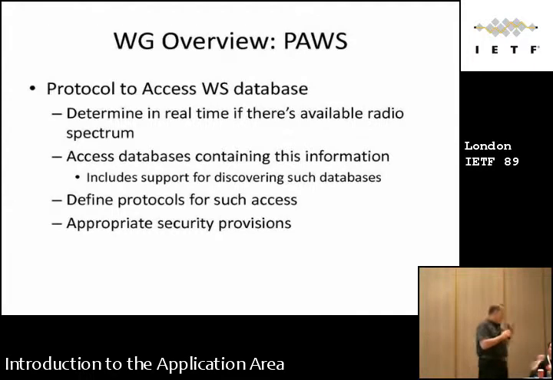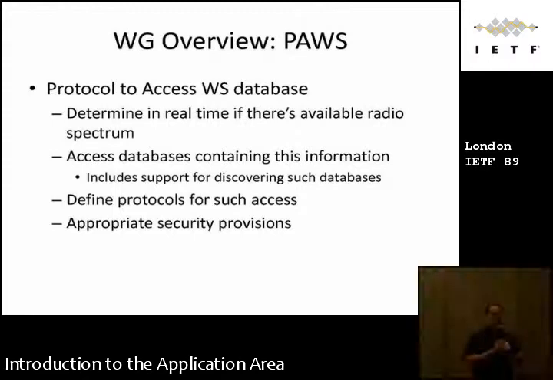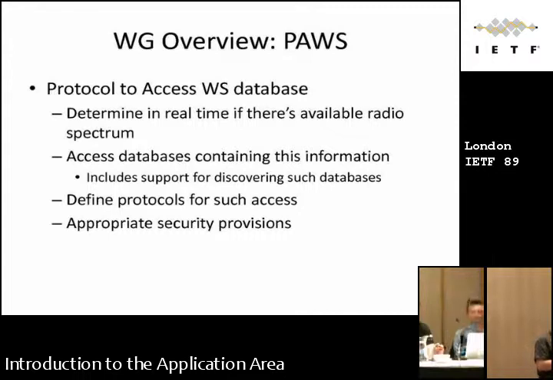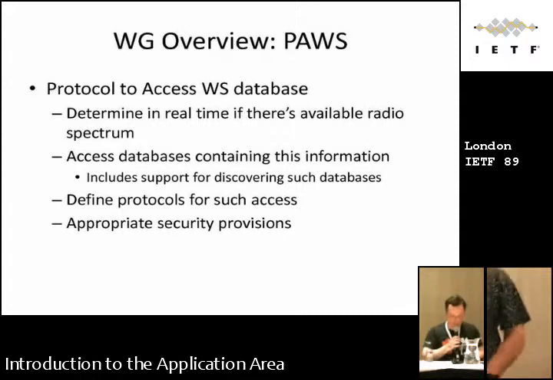And so there's discovery of the database, the authority that can allocate you bits of the spectrum, and they need to discover the database and access the database, and that's what this working group is doing. So it's like DHCP for radio? Sort of. I think, if I understand correctly, certain frequencies can be in use at certain times of the day. Yeah, it's location and time-based discovery of available spectrum.